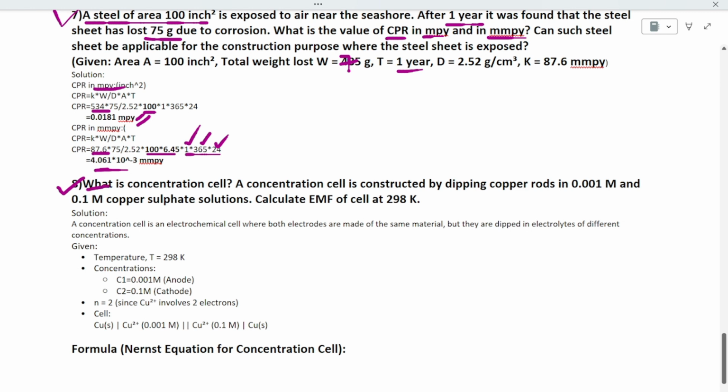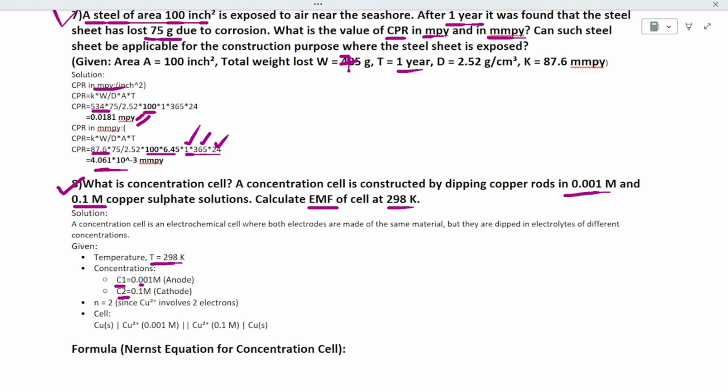And next they have asked, what is a concentration cell, and they have given two molarity values, 0.001 and 0.1 molar copper sulfate solution, and they have given the temperature value. We will find the E cell value. They have asked EMF, so we have to find the value of E cell. The temperature given you have to take, and you consider the concentrations that are given as C1 and C2.